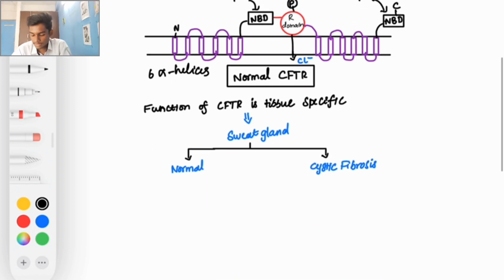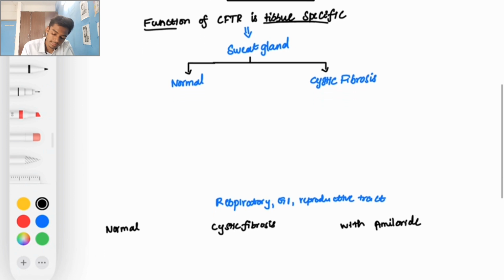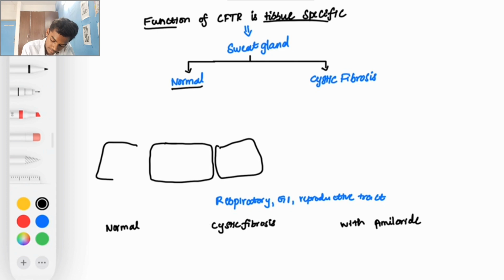Let's see what happens in cystic fibrosis. The function of CFTR, the cystic fibrosis transmembrane conductance regulator, is tissue specific. Its function is dependent on tissues. In a normal sweat gland, these are the cells, and this is the lumen of the sweat gland duct.